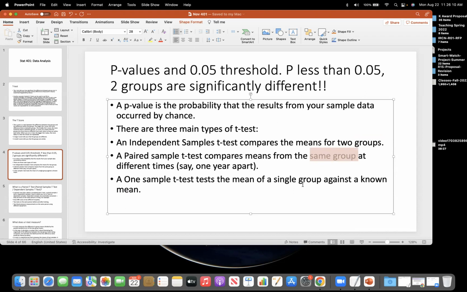And if I'm comparing the same group with a known mean, with a standard value, with a reference value, it's called a one sample test. So a trick for me to remember these three tests is how many groups I'm working with, right? If I'm working with two groups, it's independent. If I'm working with one group, it's paired. And if I'm working with one group, but comparing that with a reference, that is a one sample t-test.